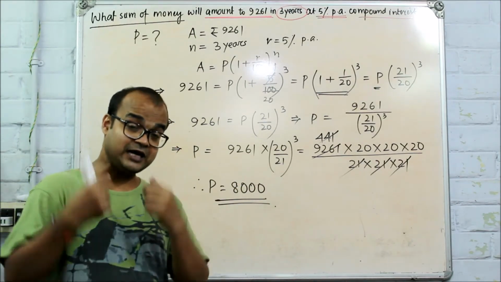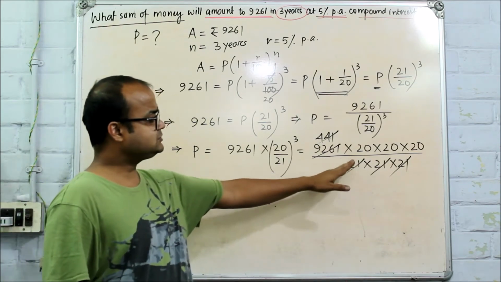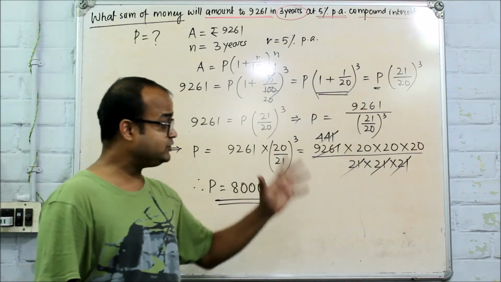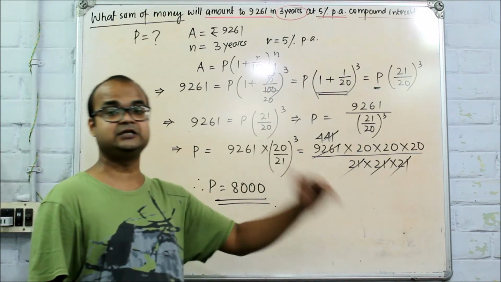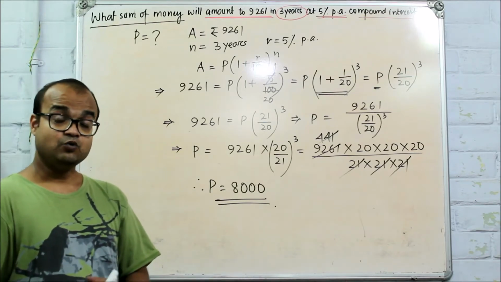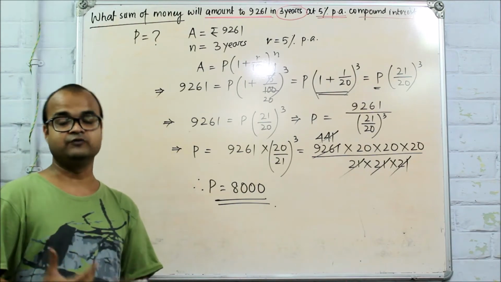Clear? So try to simplify. Here I cancel with 21 and 21. If you have a problem with your calculation, cancel with 3, then 7 and so on. Once you practice the calculation, you will find it more comfortable.